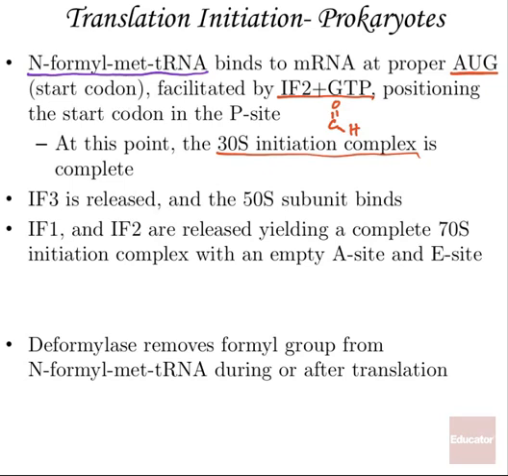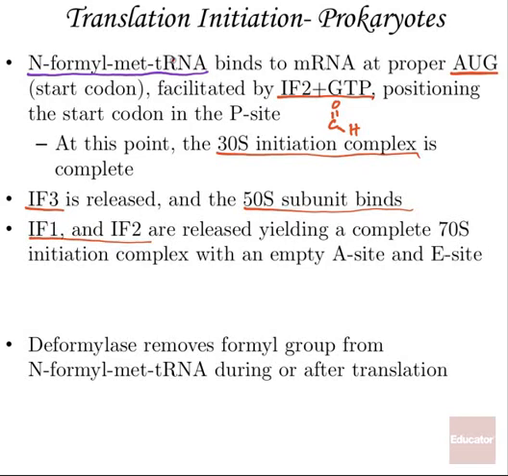After this occurs, IF3 will be released, letting now the 50S subunit bind. Remember, IF3 was the one that didn't allow the 50S subunit to bind after the previous round of translation. Okay. What happens next? We have IF1 and IF2 being released, and now we have a fully formed 70S initiation complex that has both an empty A site and an empty E site, and we have this N-formylated methionine tRNA in the P site.